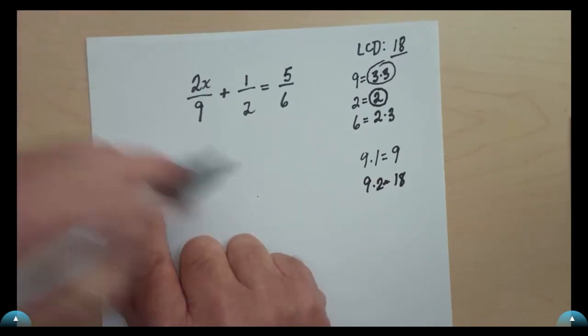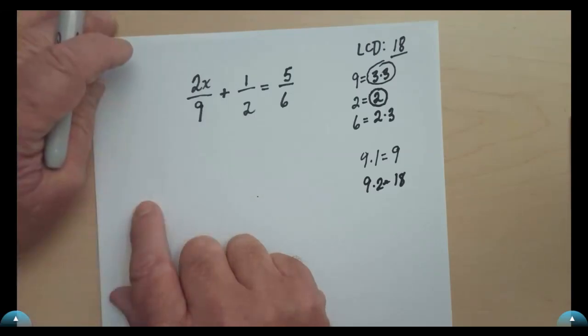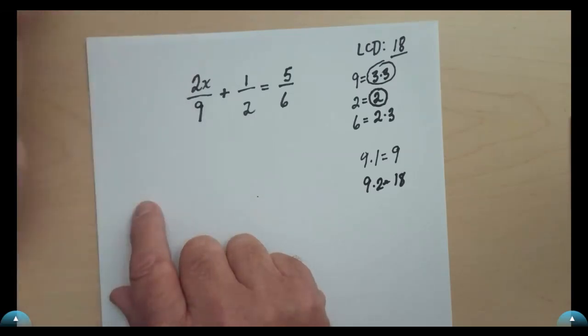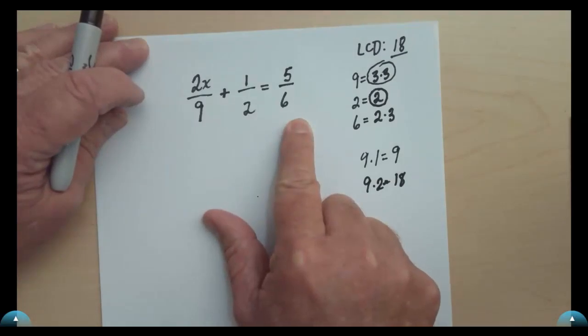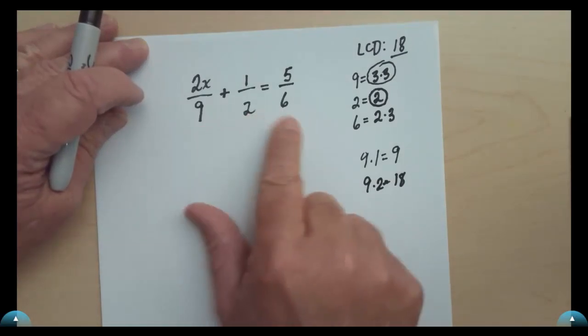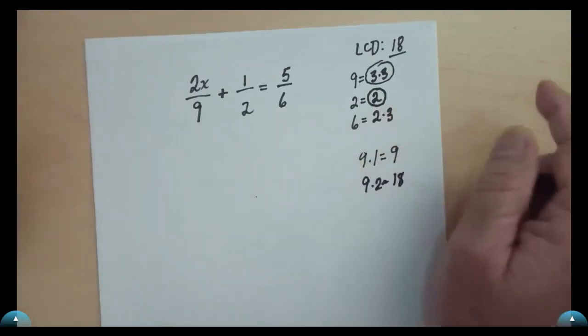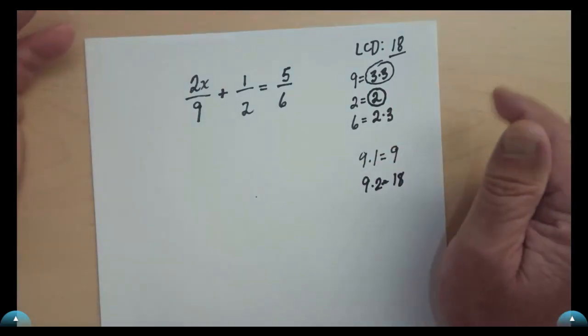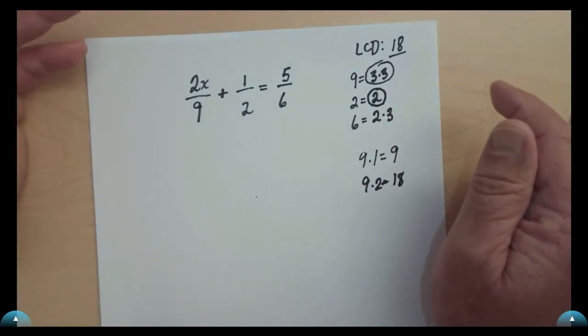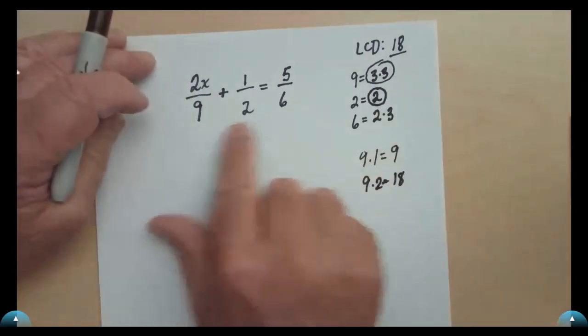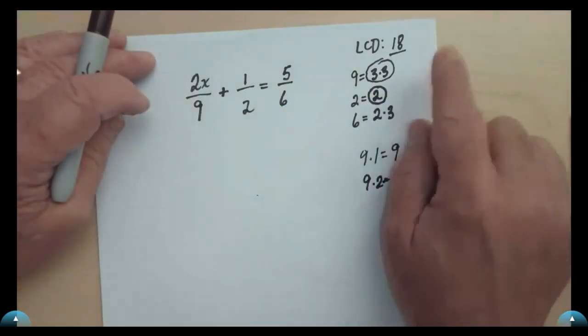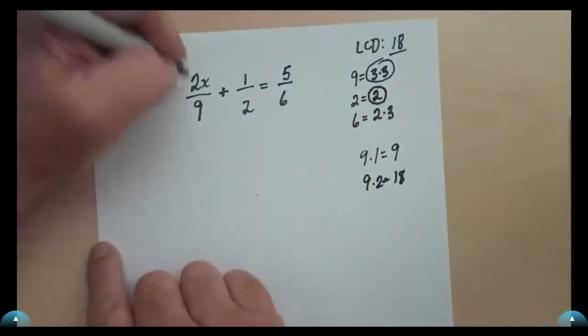Once we find that least common denominator, there is a way to restate this equation so that each fraction has 18 for its denominator, and you can solve the equation that way. But it's simpler just to get rid of these fractions, and we can use the least common denominator to do that.